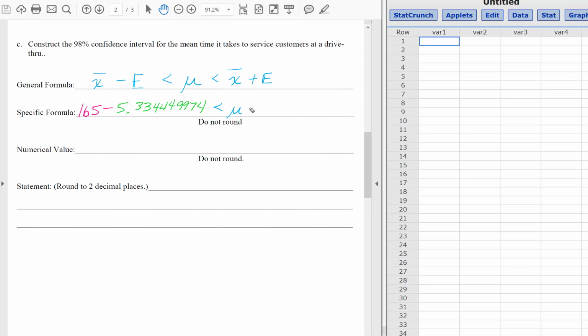So that's our lower boundary. Our upper boundary then is taking our sample mean, 165, and then we're going to add our margin of error now again. 5.33, 4449974. Let's see how this looks on the calculator.